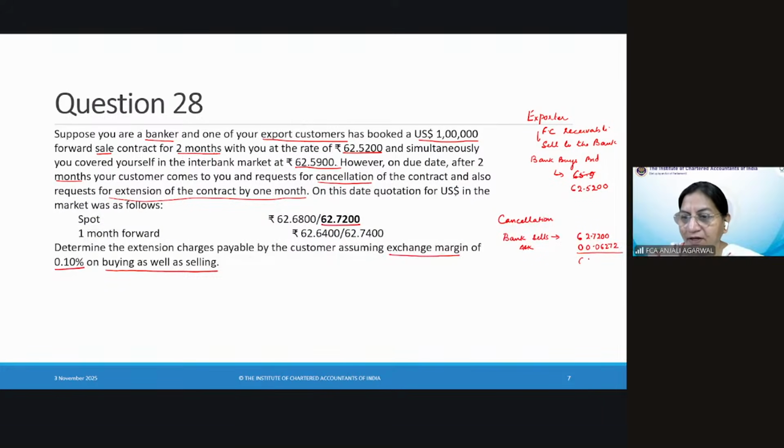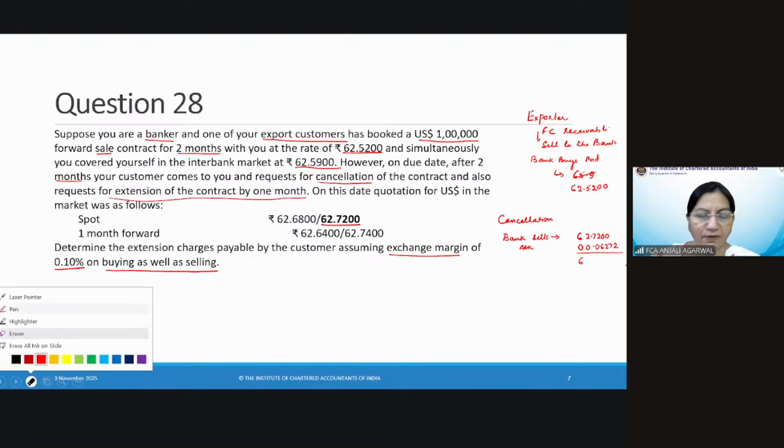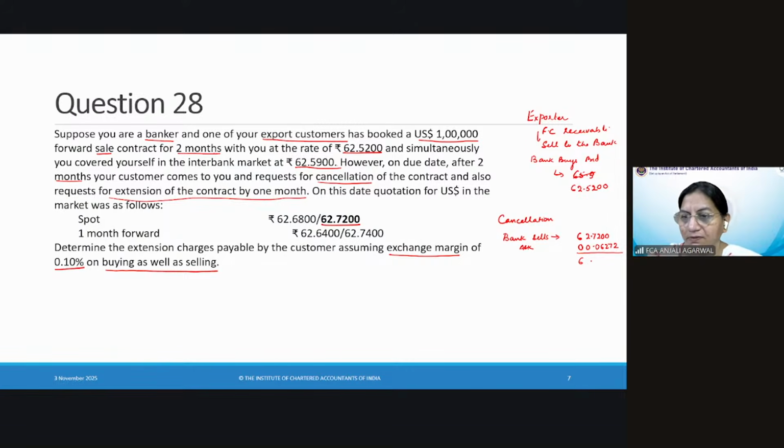So bank will now sell that to the customer at 62.78272. So once again, we are not taking the fifth decimal, we are taking 4.